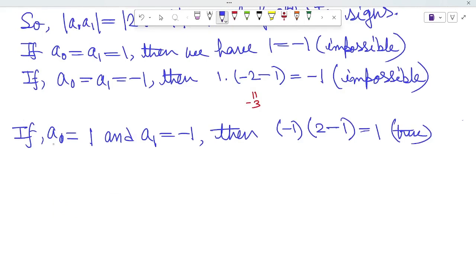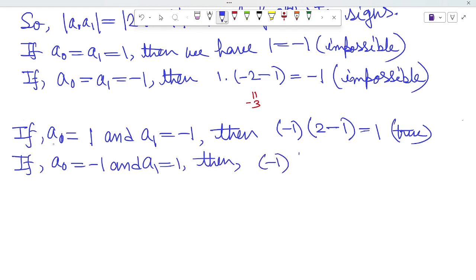Lastly, what is the remaining possibility? If A0 equal to minus 1 and A1 equal to 1, then also you will get a contradiction, an impossible fact.